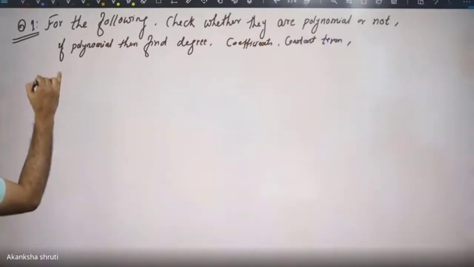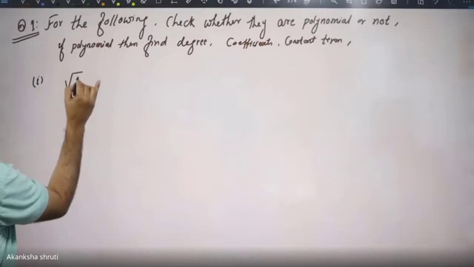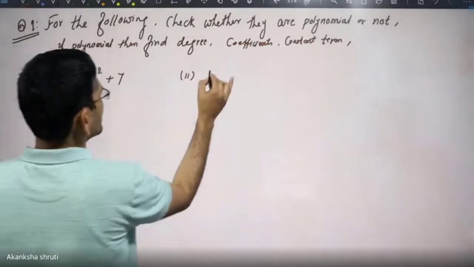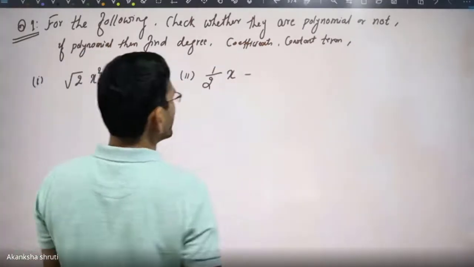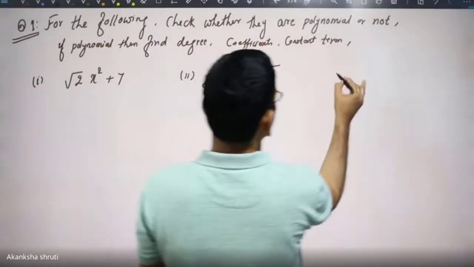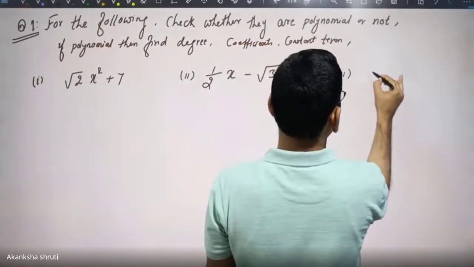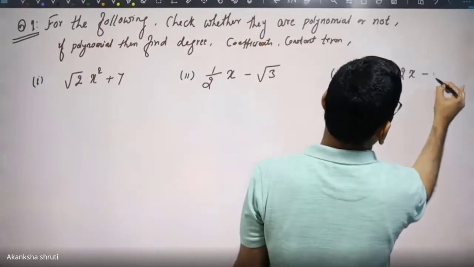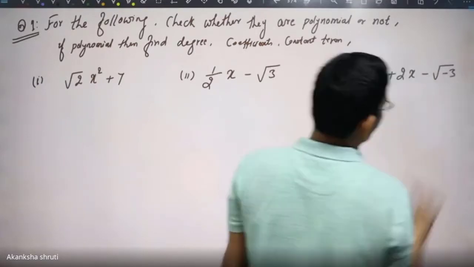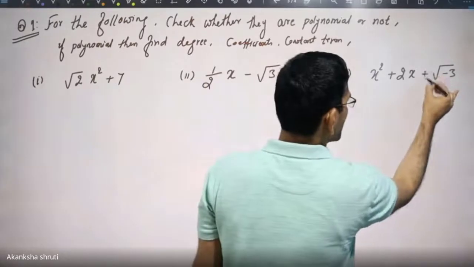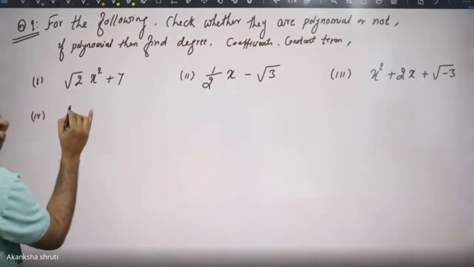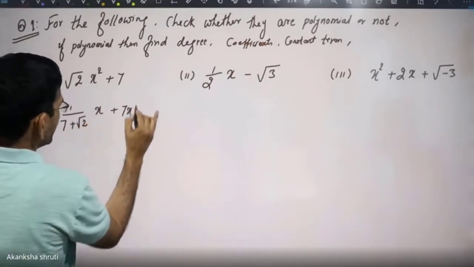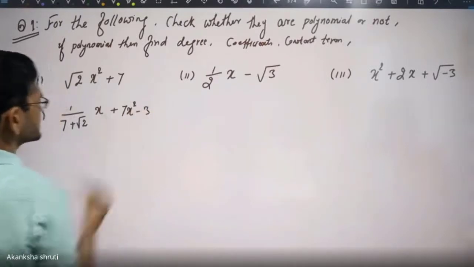Let us write the first one as under root of 2 x square plus 7. The second one, 1 by 2 x minus root of 3. The third one, root of 5, or simply x square plus 2x minus under root minus 3. The fourth one, 1 by 7 plus root 2 x plus 7x square minus 3.